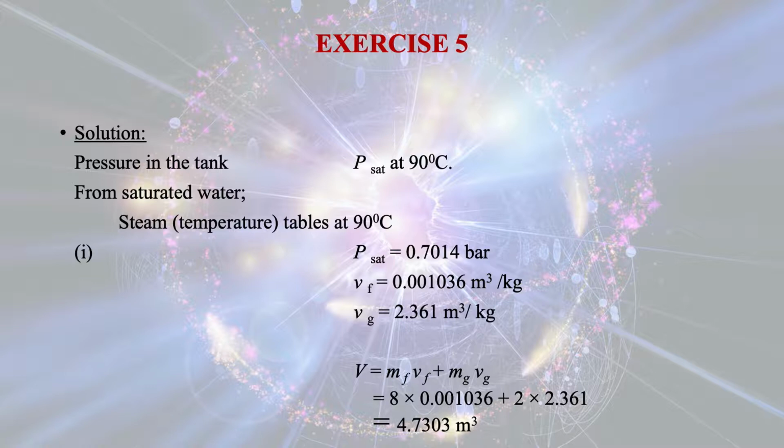So mg is equal to 2, and Vg, that is the specific volume for the vapor at that temperature, is 2.361 meter cube per kg. Just put the values in that equation, so we get the final volume, that is 4.7303 meter cube.